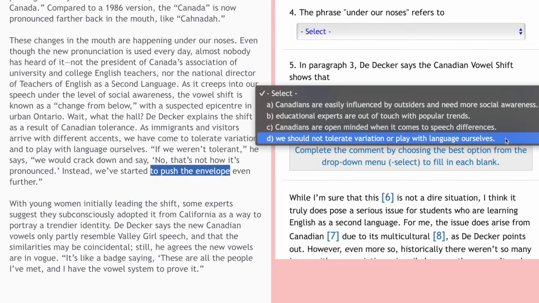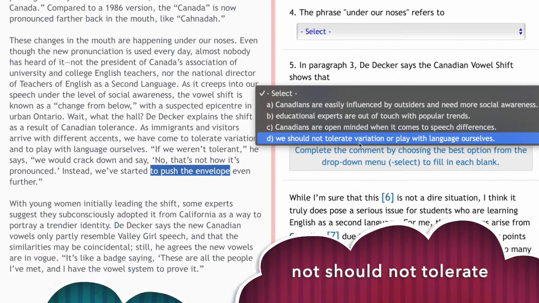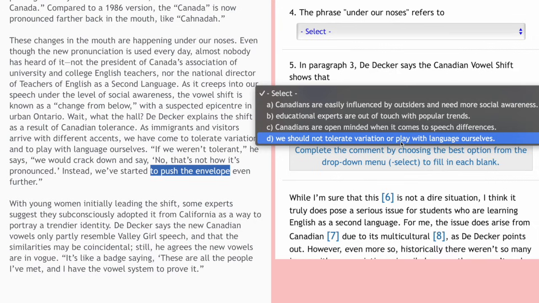Well, I wouldn't say that we should not tolerate variation, or maybe we should not tolerate it, but not play with language ourselves. And here it says that we've pushed the envelope more.